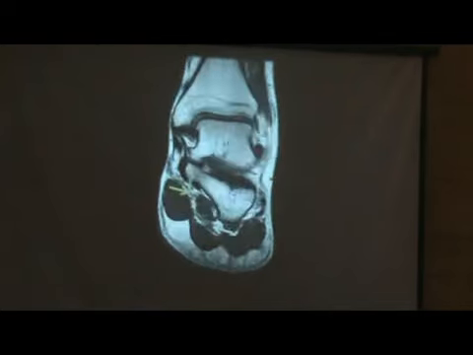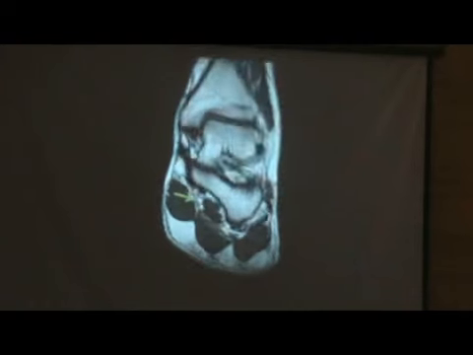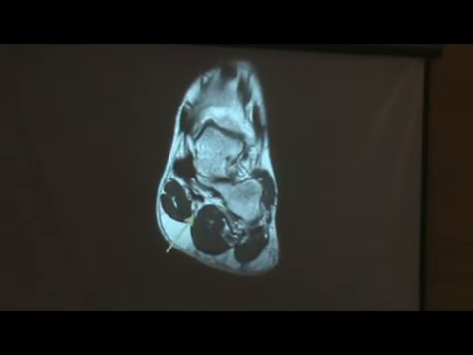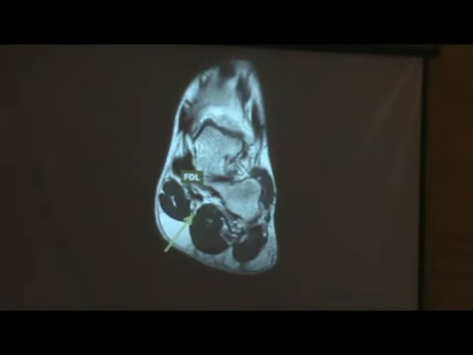We can follow them easily on slices. Here, medially, are some anatomical landmarks again: flexor digitorum longus tendon, flexor hallucis longus tendon, and the same muscles as I told you before: abductor hallucis, quadratus plantae, and flexor digitorum brevis.